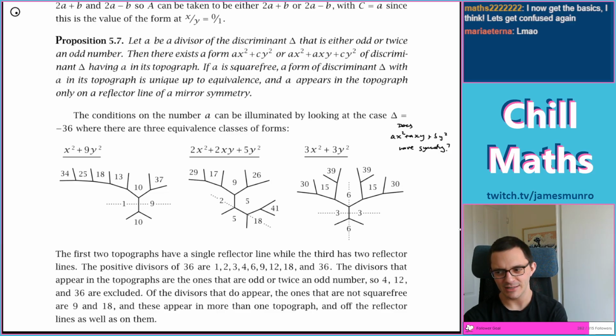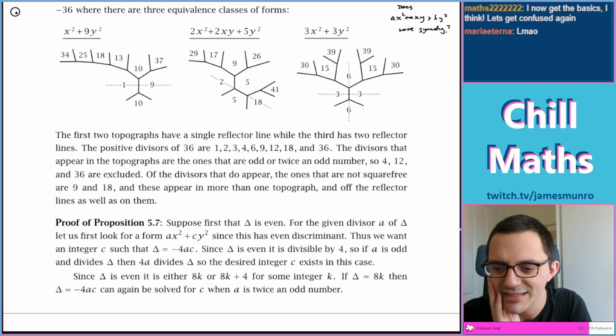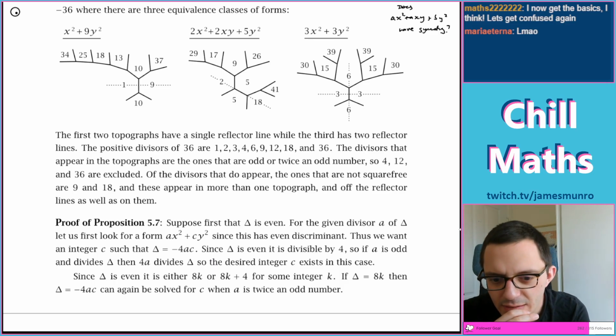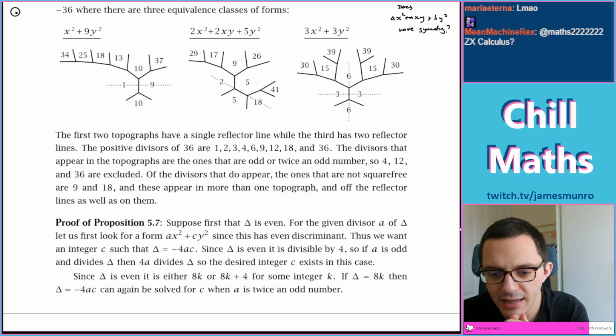Okay, what the hell's going on here? Suppose first that this thing is even. For the given divisor A, let us first look for a form ax squared plus cy squared, since this has even discriminant.